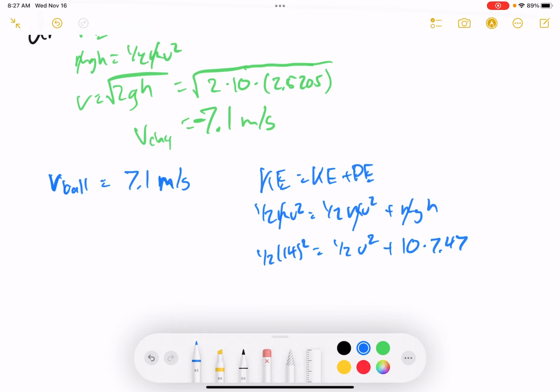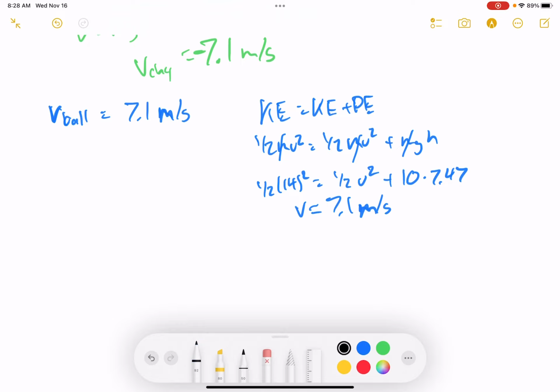Because it's going up 7.47. And so this should actually give you the same answer, that 7.1 meters per second, okay? So multiple ways to be able to find that answer.